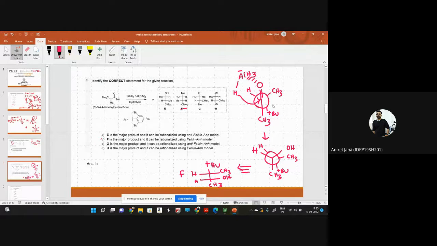Okay, as there is no chelating group like OH or NH2 present here, the product will be predicted according to the open chain model as I discussed first in today's session. Okay.